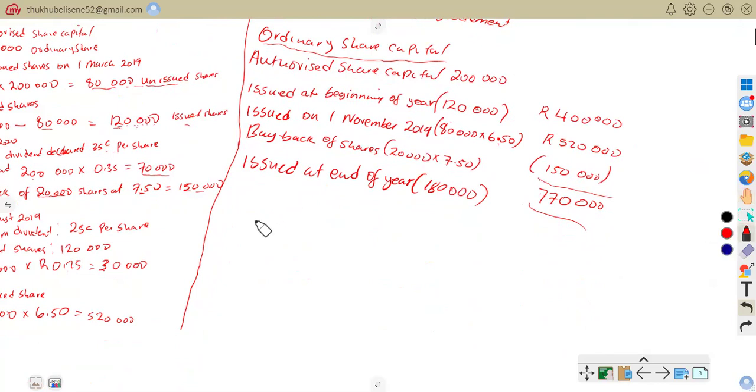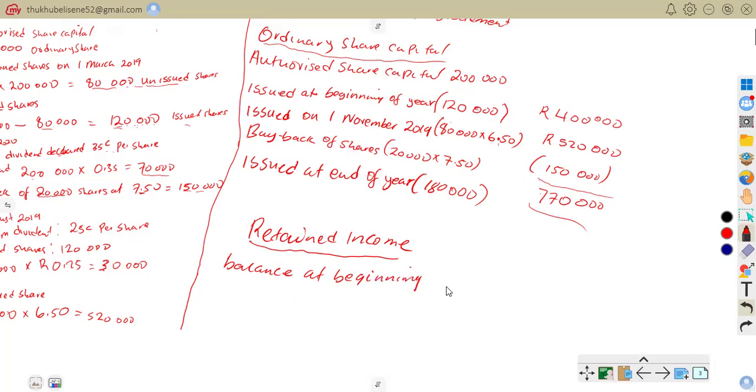Under retained income, the balance at the beginning of the year.